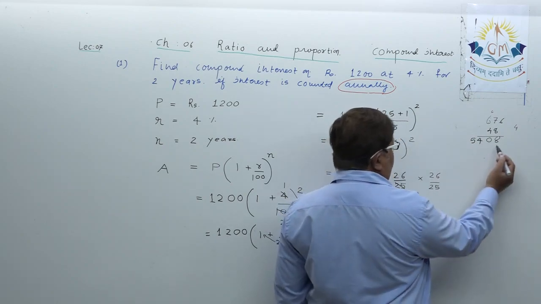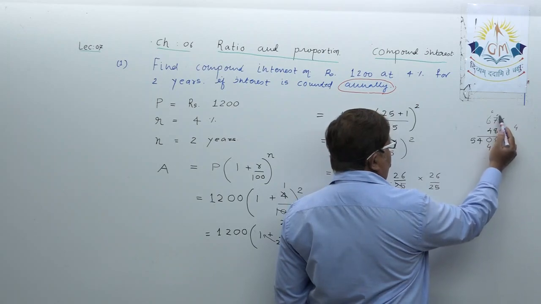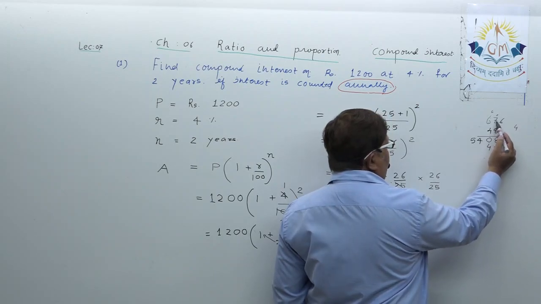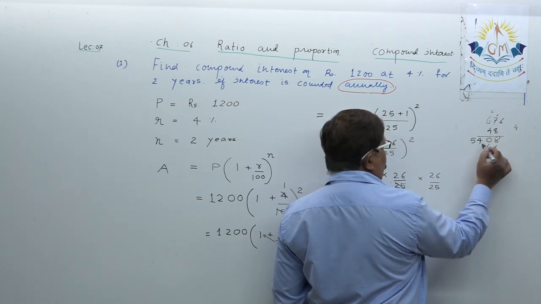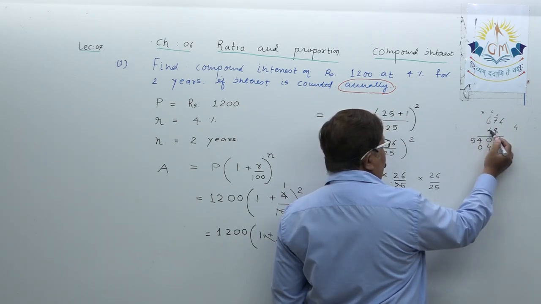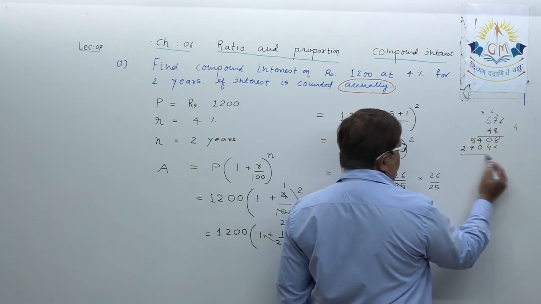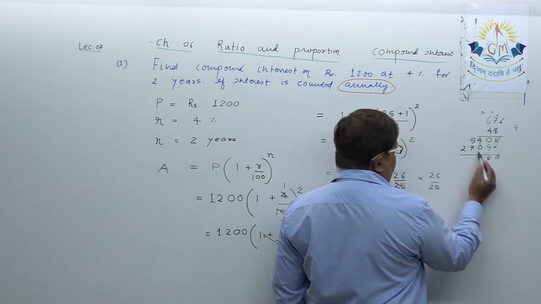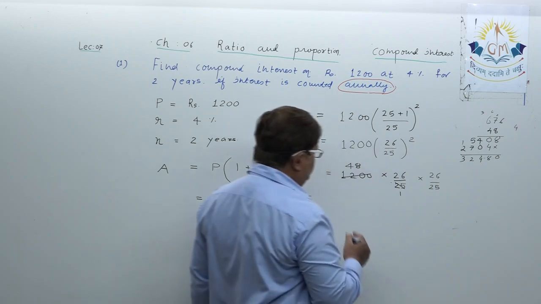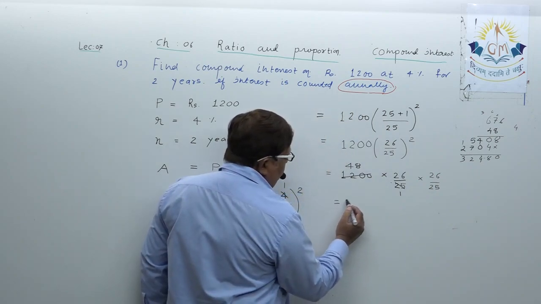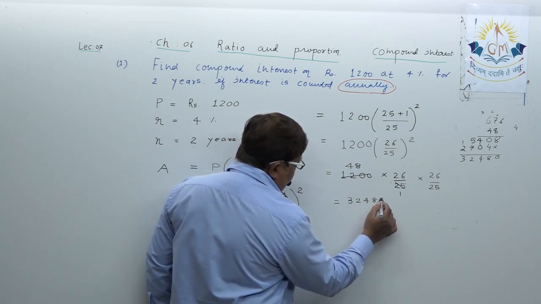Okay. Then continue with 4: 4 sixes are 24, 2 carry. 4 sevens are 28 plus 2 is 30, 0 and 3 carry. 4 sixes are 24 plus 3 is 27, 7, 0, 8 4, 7 plus 5 is 12, 1 carry, so you got 32480.